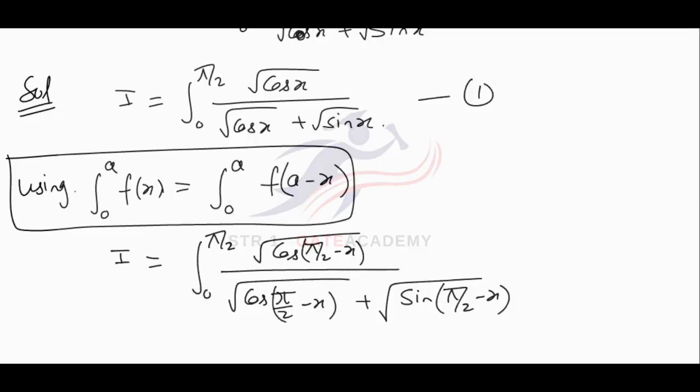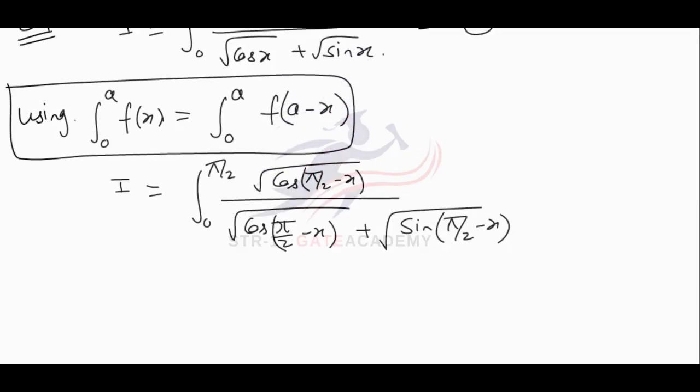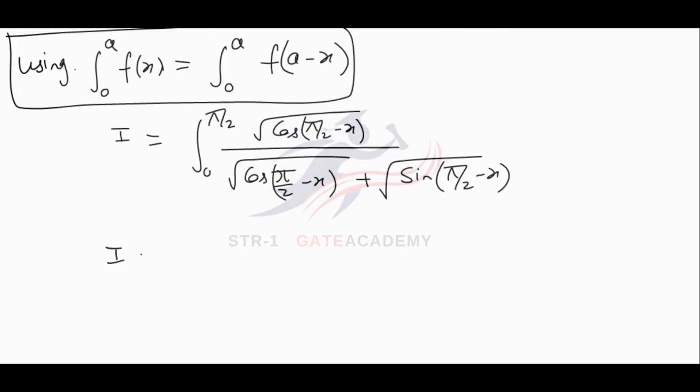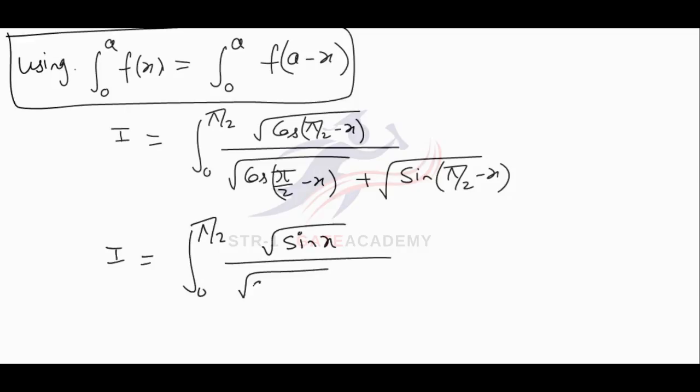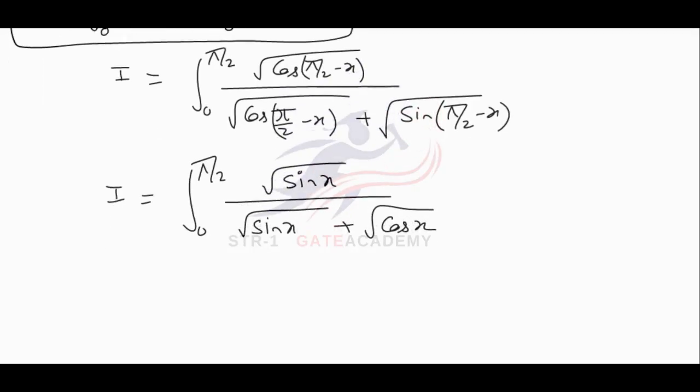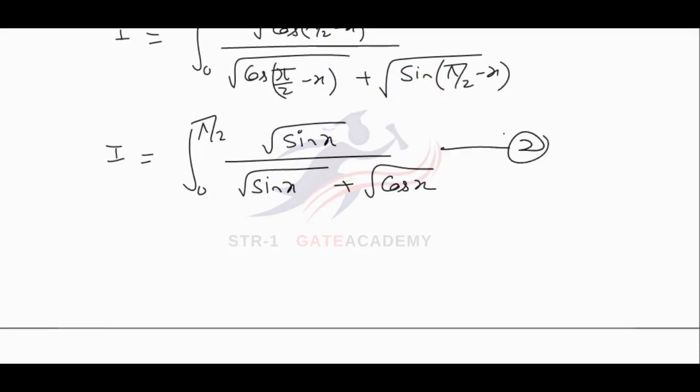What is cos of (pi by 2 minus x)? It is sin x. So I convert it to under root of sin x upon under root of sin x plus, can I say this will become cos x? Pi by 2 minus x will be in the first quadrant only, so first quadrant all are positive. Let us say this is equation number 2.